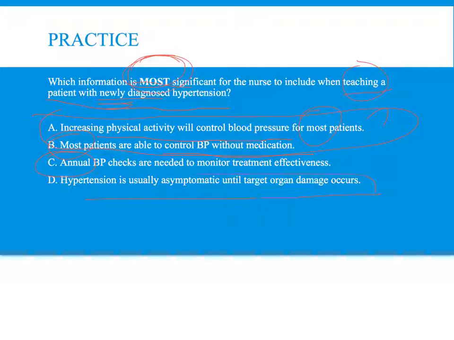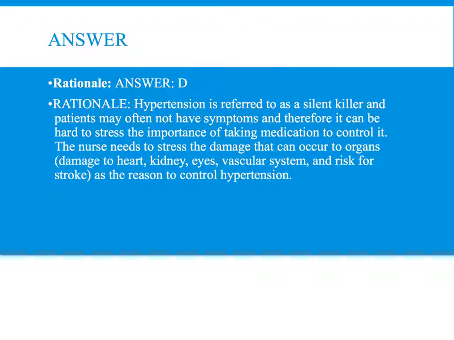And as far as globally, a very important thing that we would need to tell them is that you're not going to feel bad, but you still need to be treated. And if you leave it untreated, you're going to have target organ damage occur. So hopefully that's a little bit helpful in helping you understand how you have these distractors and how to pick the most globally correct answer. Here's the answer with rationale. Hopefully, like I said, D is the answer.